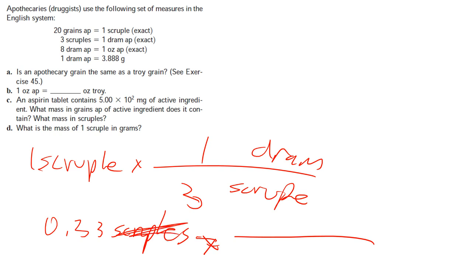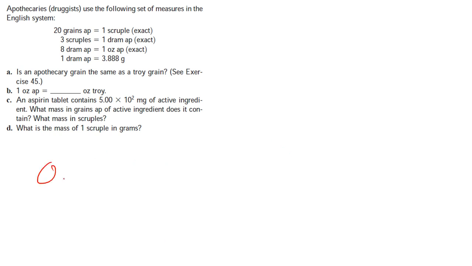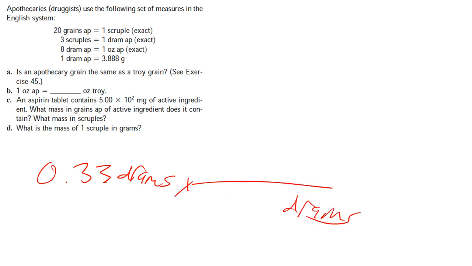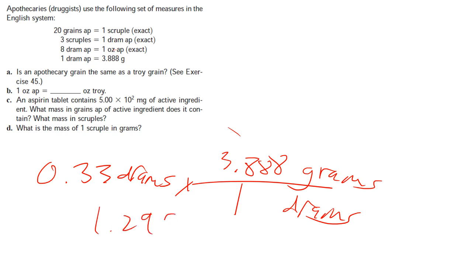No, my bad, can't do this fast. 0.33 grams, and we multiply grams to the next unit. We know that 1 gram is equal to 3.888 grams, so 0.333 times 3.888 gives 1.295 grams, because the grams cancel, and that's our final answer.